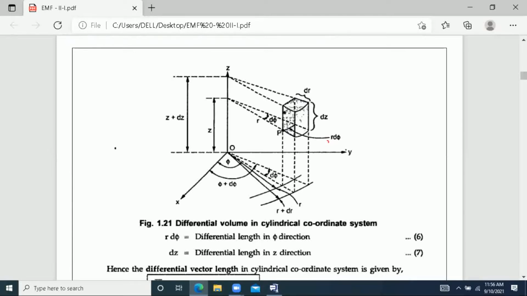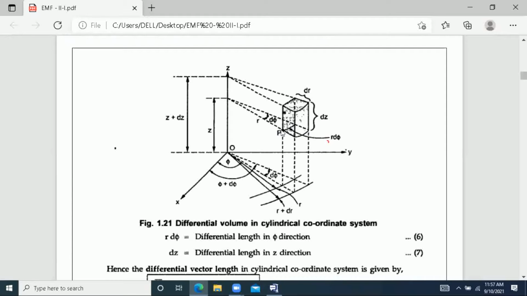You're going to take a small chunk out of your cylinder. This is your differential volume, right? It's going to be defined by your R. Your R gets you to this point.